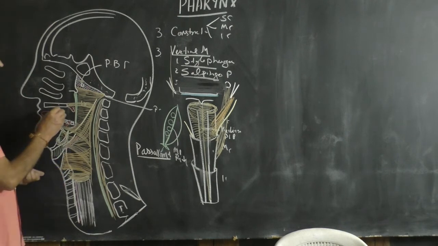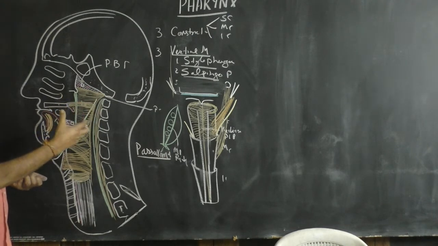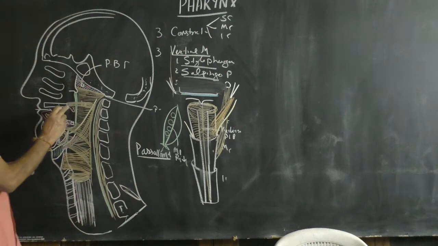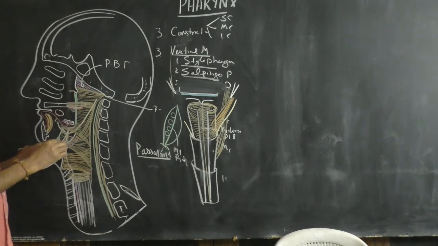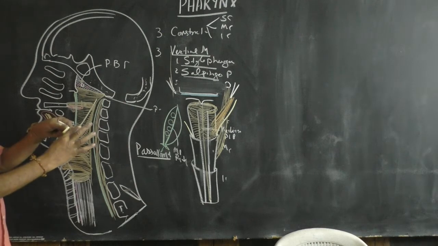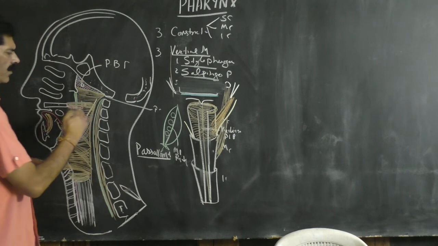During food intake in the oral cavity, the horizontal fibers of the palatopharyngeus constrict, and Passavant's ridge comes closer. At the same time, the musculus uvulae also contracts and becomes horizontal, and it fills the gap between Passavant's ridge, and it closes like this.